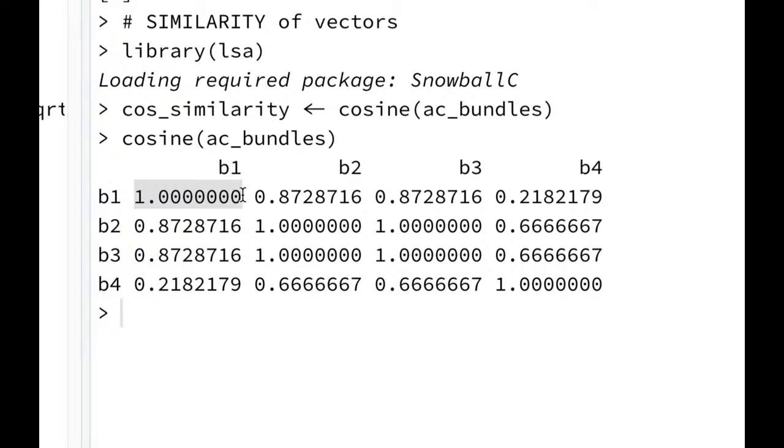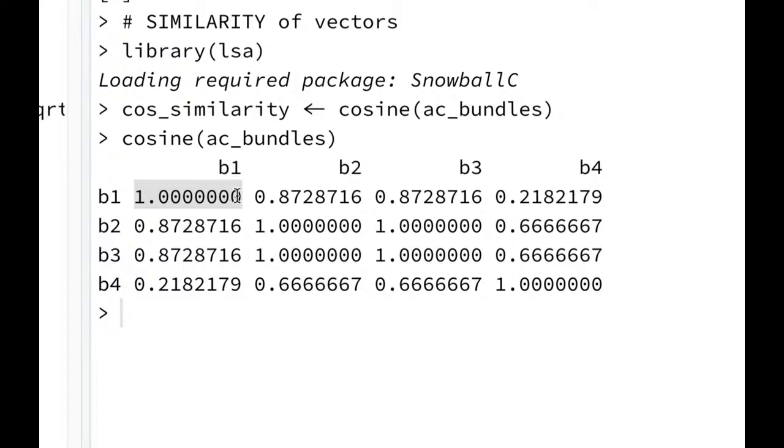If two bundles are exactly the same, like bundle 1 and bundle 1, its cosine is 1 because its angle is 0. If two things agree perfectly, the direction is the same, there's no difference in their angles, the cosine is 1.